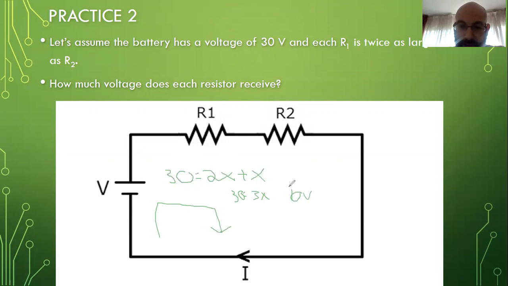But we have to go back. If we plug that in for x, that means R2 gets 10 volts. But R1 is 2x, or 20 volts. So same idea, we just took it another level because we have resistors of different values.